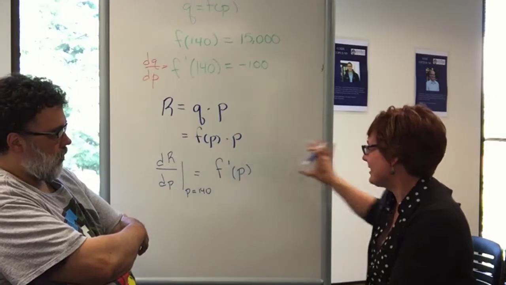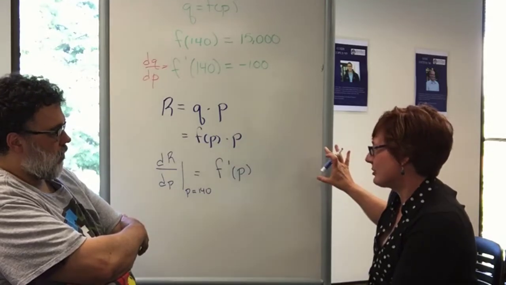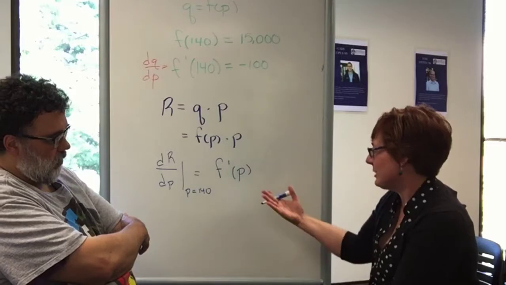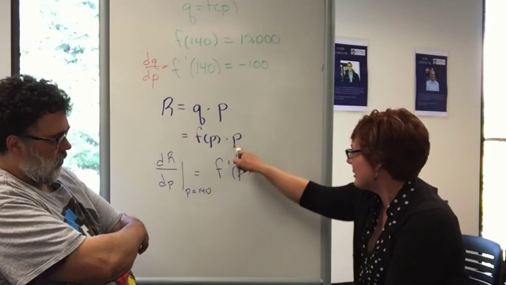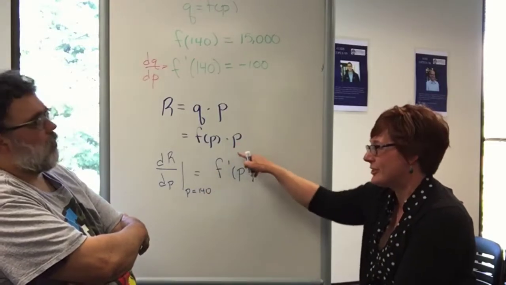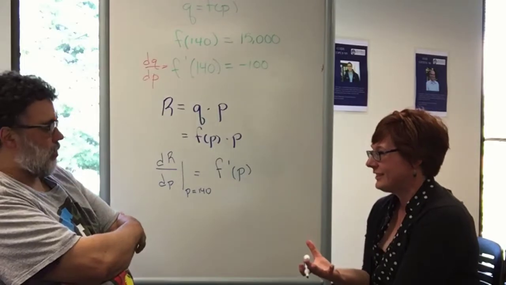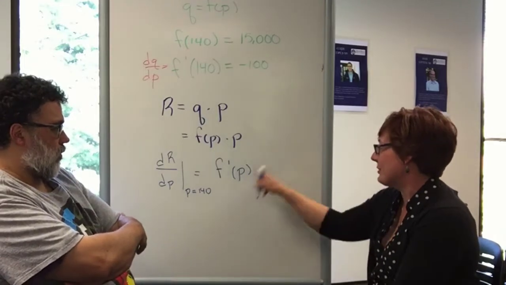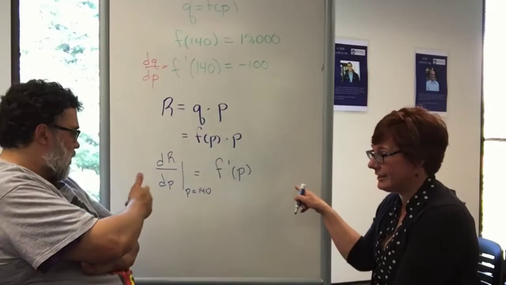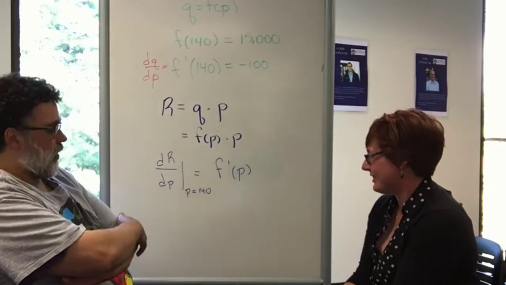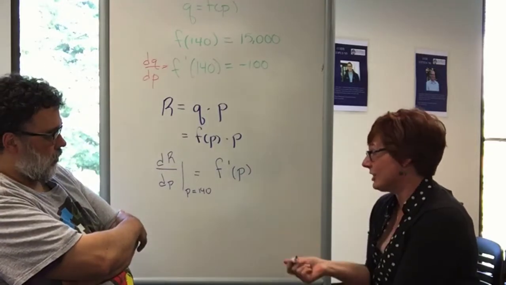But for me, I like to see the whole product rule written out, and then I start to plug in. Because if I plug in my 140 for p, I lose that it's my second factor, and it just looks like a constant. And it's not, and I have to remember that for my second part of the product rule. It's literally the variable. Exactly. But if I plug the 140 in, it may not look like that anymore.